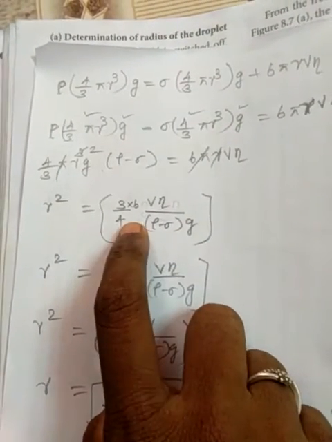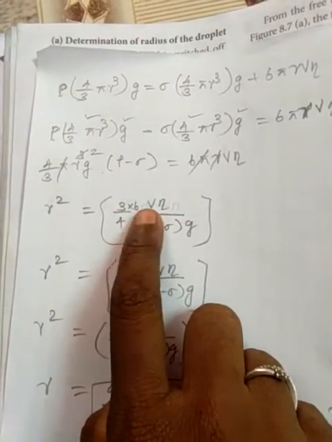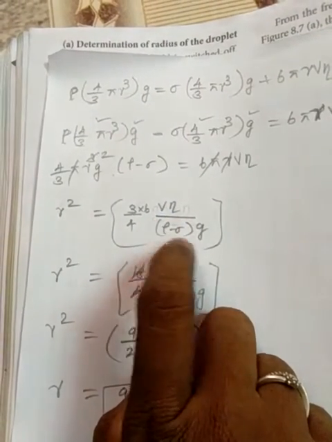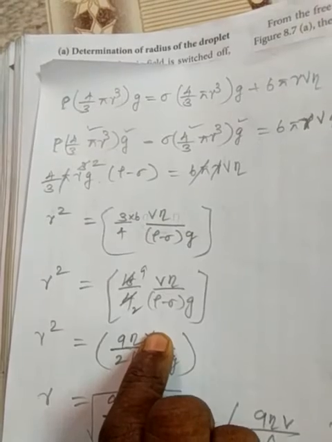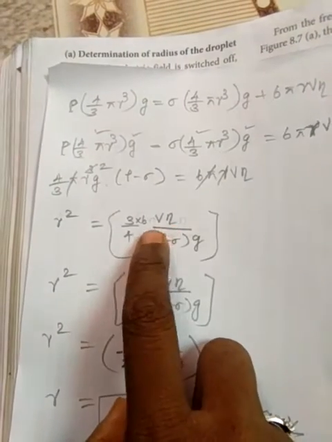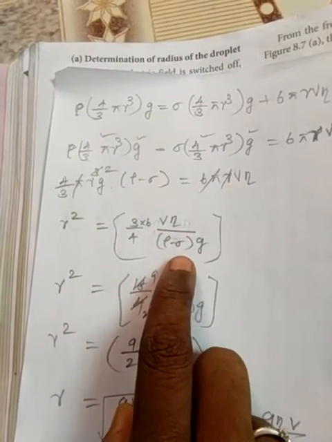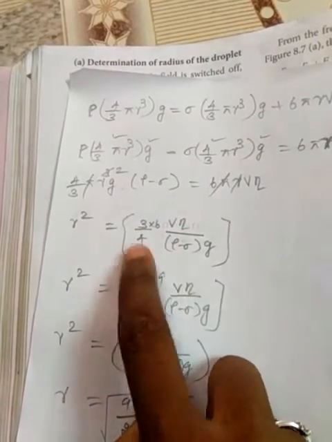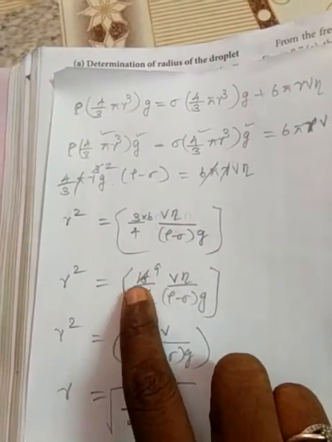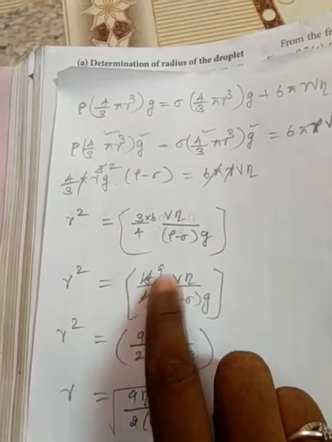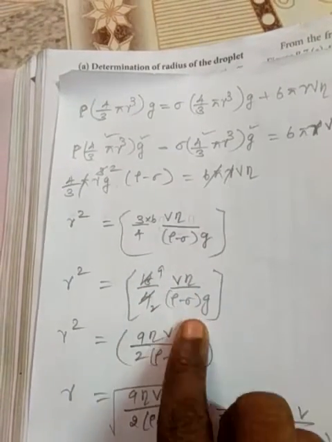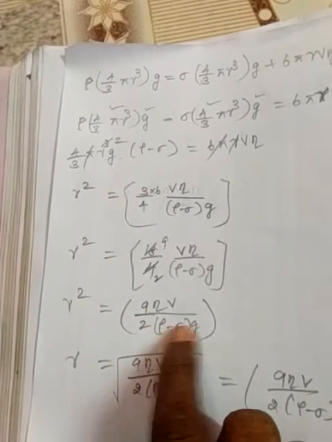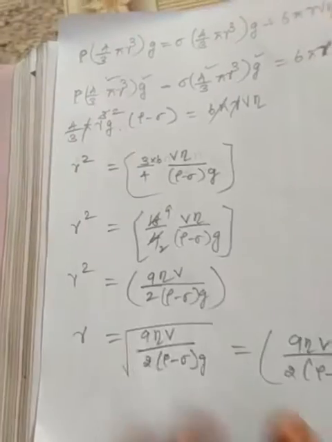Taking the others to that side, we get 3 by 4 into 6 pi v eta by (rho minus rho) into g. Cancelling, 6 threes are 18, cancel, and 9 by 2 eta rho, this value comes. So r squared equals 9 eta v by 2 (rho minus rho) g.